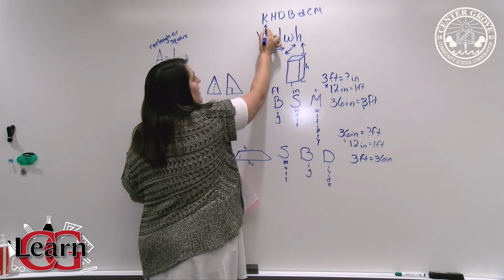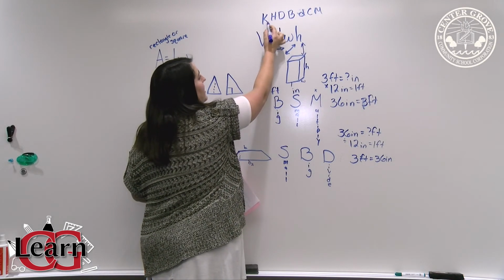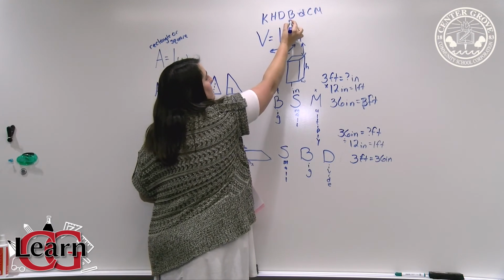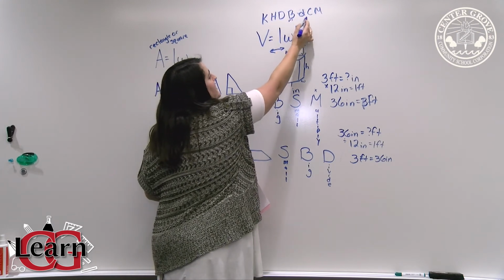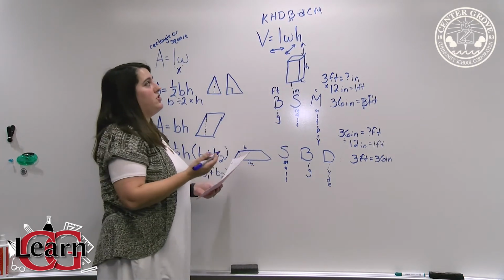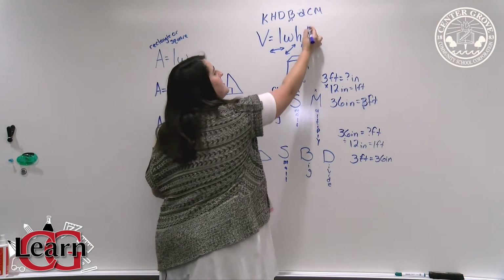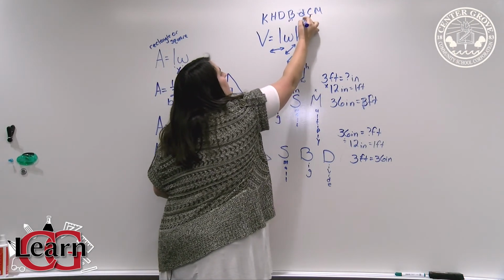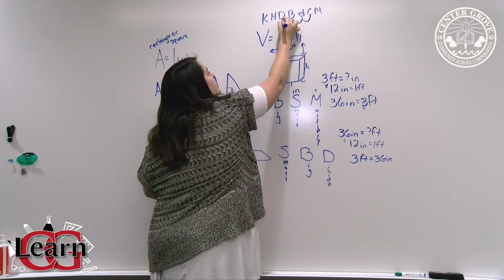So this is kilometers, kilo, hecto, deca, base. So this would be like meters. And then deci, centi, and milli. And you would just move your decimal whichever direction you're going. So if you started at centimeters and you wanted to go to decimeters, you would move it 1, 2, 3 places to the left.